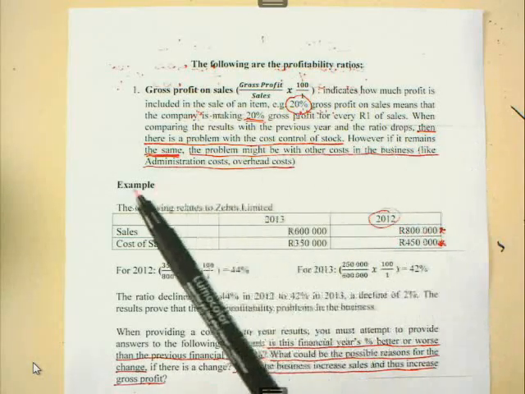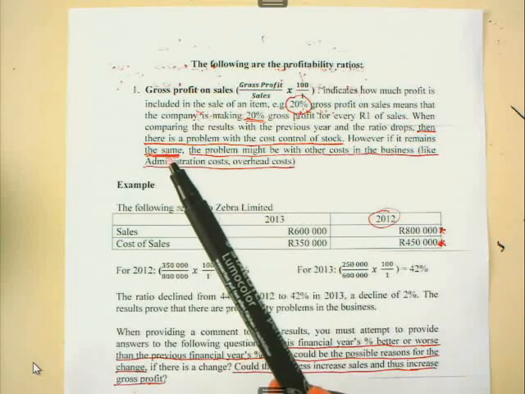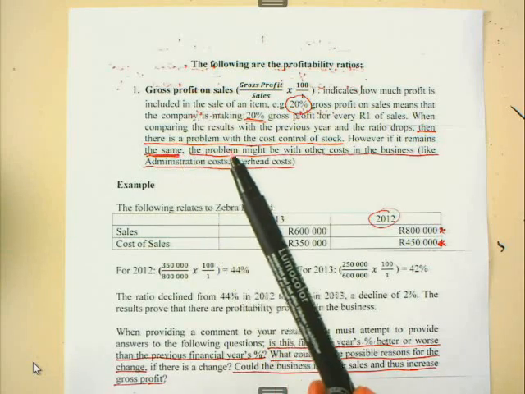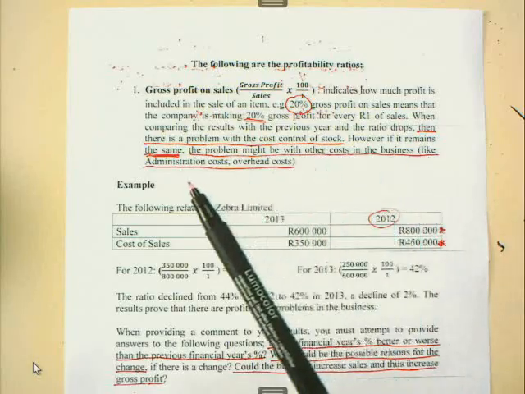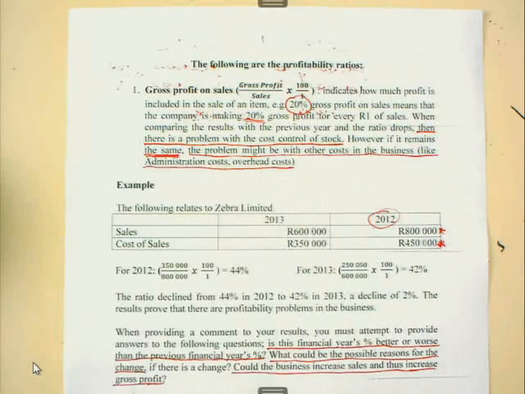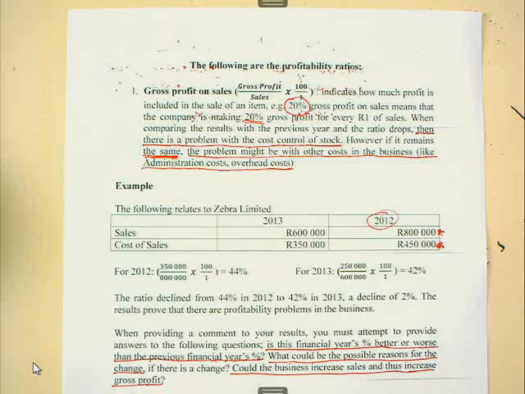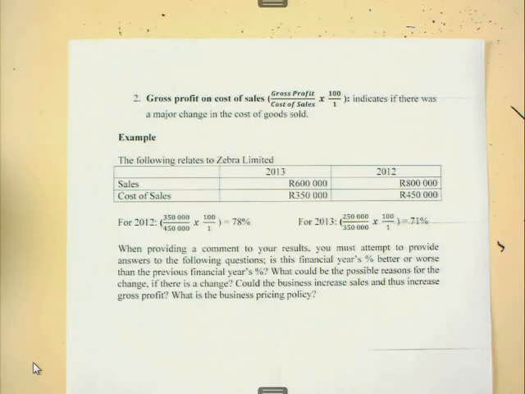But if the ratio remains the same, like we saw in the second activity, the problem might be with other costs in the business, like administration costs and overhead costs. Those should form part of your comment when you comment on the results of the ratios. Let us move on to the second ratio. That is the gross profit on cost of sales.